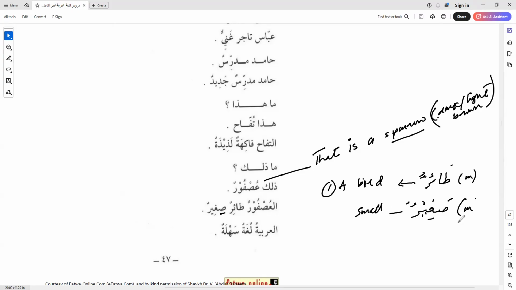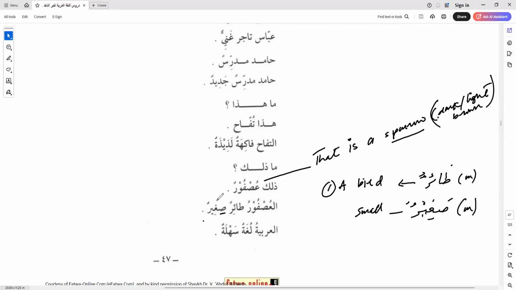Masculine. Very, very important. العصفور طائر صغير. The sparrow is a small bird. So you see طائر صغير. Bird small.